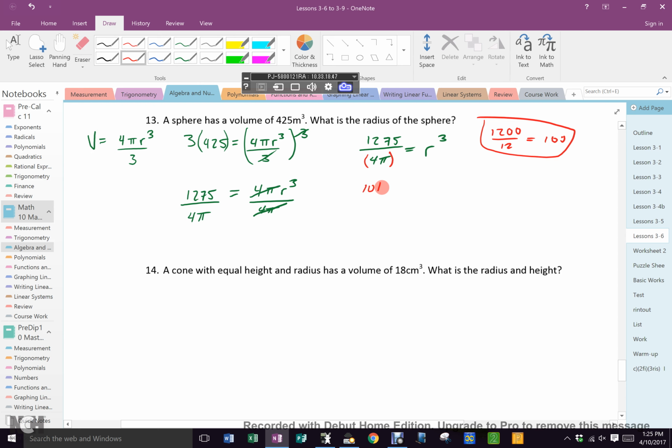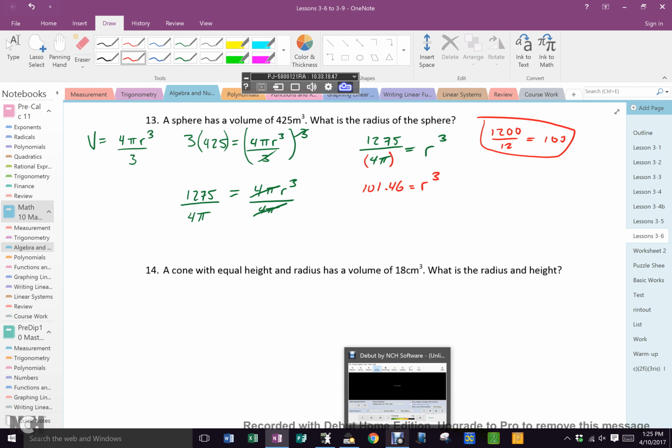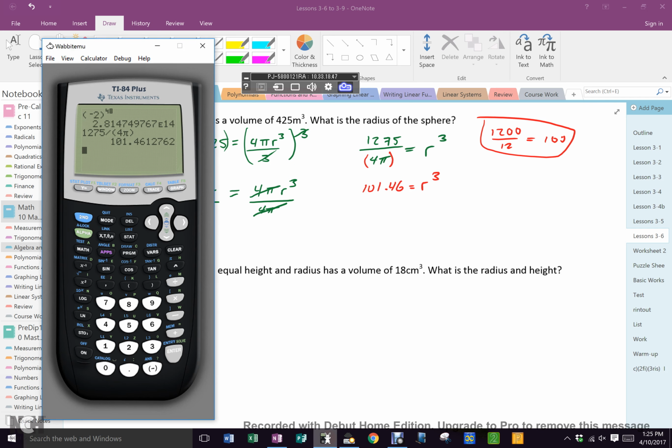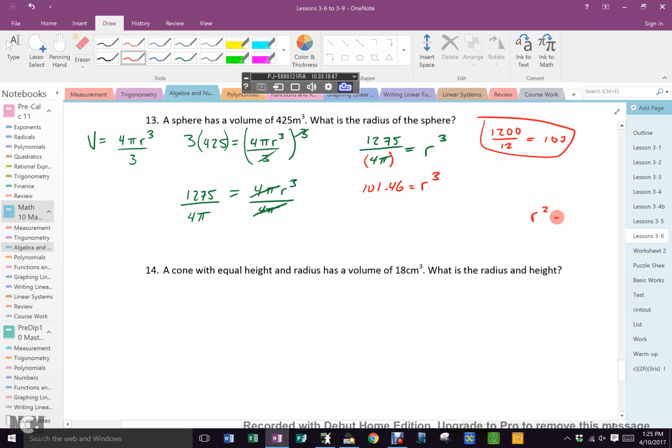So I got 101.46 equals r cubed, yes? Right? All of you should have that on your calculator now, yeah? How do I get rid of this r cubed? When it was r squared, we did the square root, yes? So if it's r cubed, we must do the cube root. And again, this depends on your calculator.